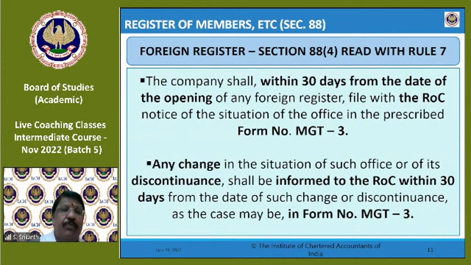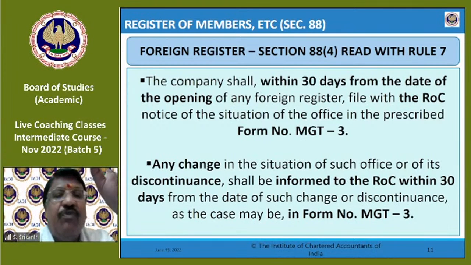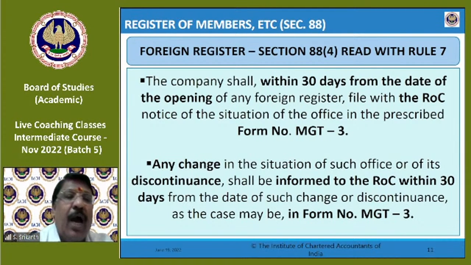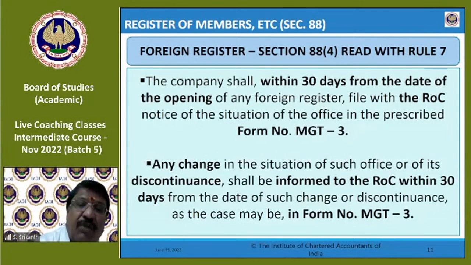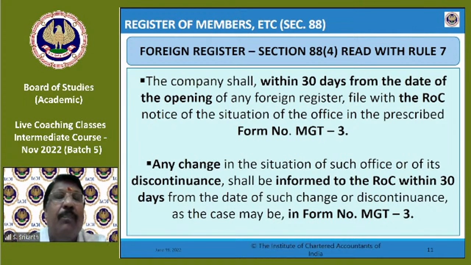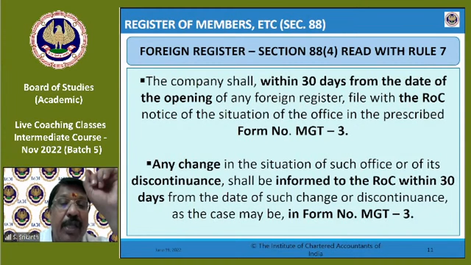Now, once you open a foreign register, within 30 days from the date of opening of the foreign register, you should file with the ROC a notice of the situation of that foreign office in the prescribed form number MGT3. So, Register of Members is MGT1, Register of Debenture Holders is MGT2, and Notice to the ROC on situation of foreign register is MGT3.